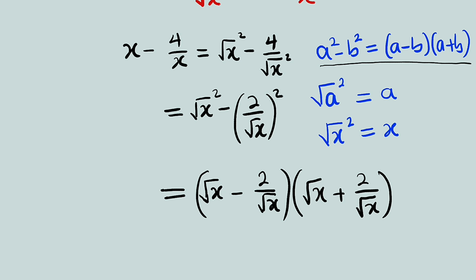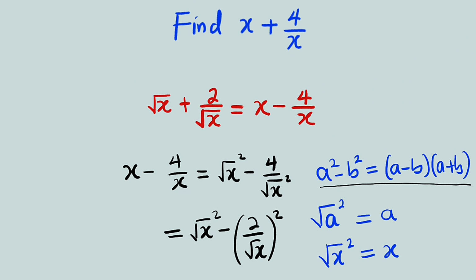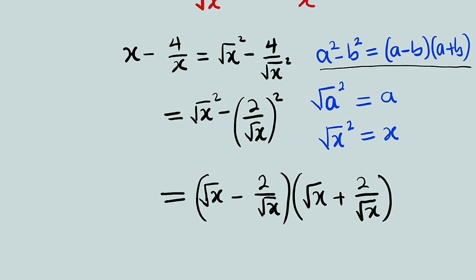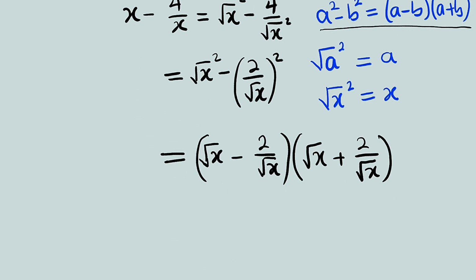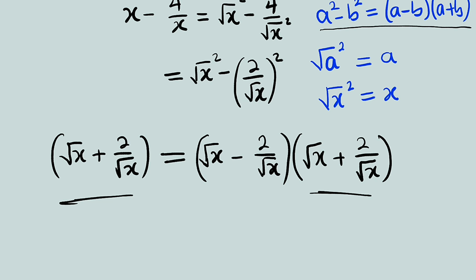This is the right hand side of our equation, remember, but the left hand side remains square root of x plus 2 divided by square root of x. So let me bring it back. Square root of x plus 2 divided by the square root of x. Can you see we have the same terms to the right hand side?